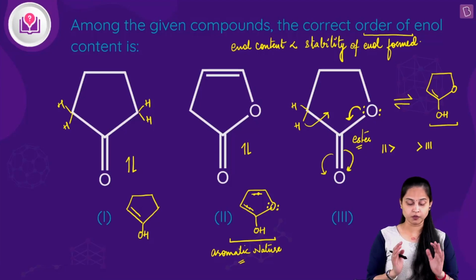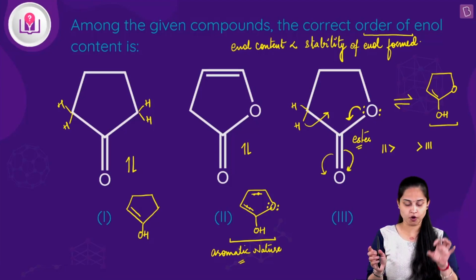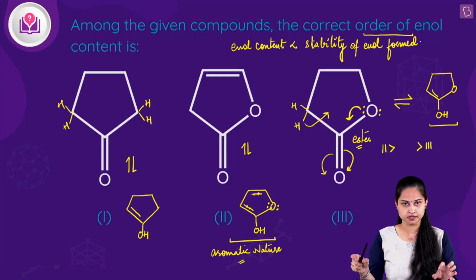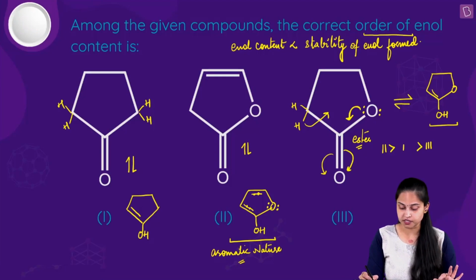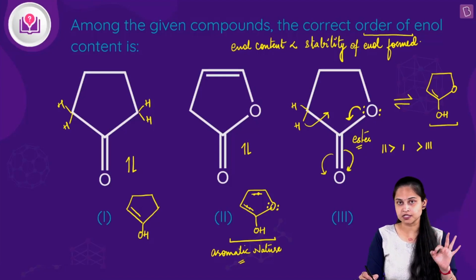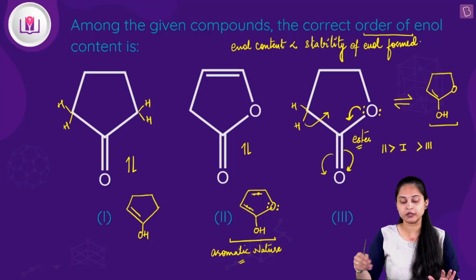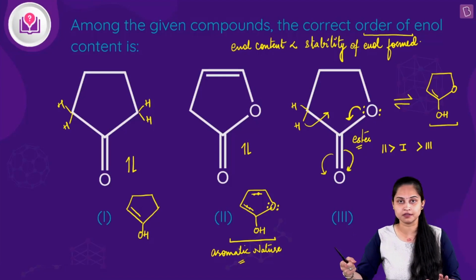Talking about option number 1, I've just compared option number 1 and option number 3. So in comparing, I'll mark that the first compound, which is cyclopentanone, has more enol content in comparison to the third compound.